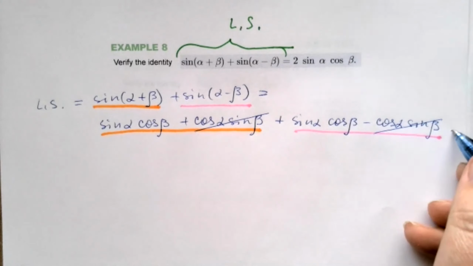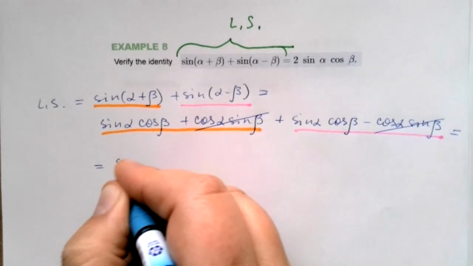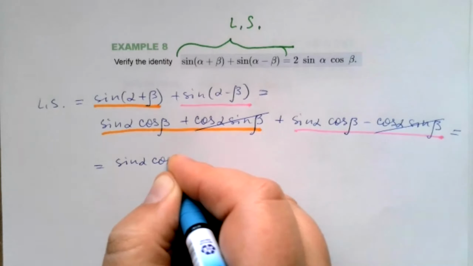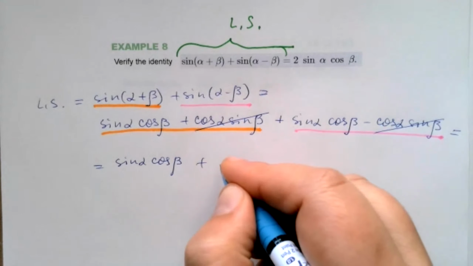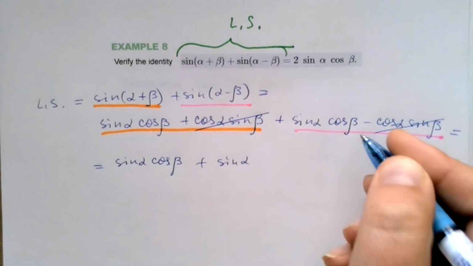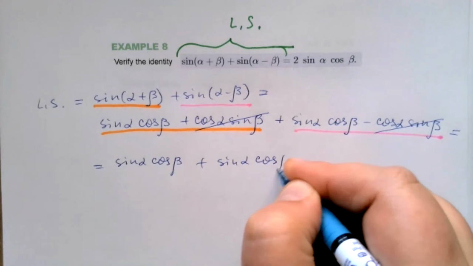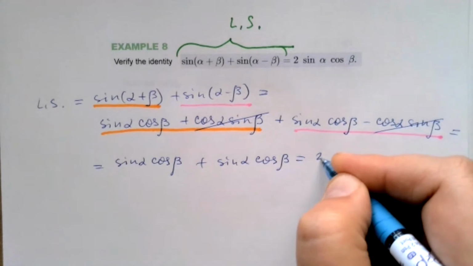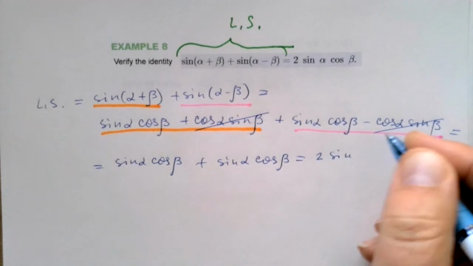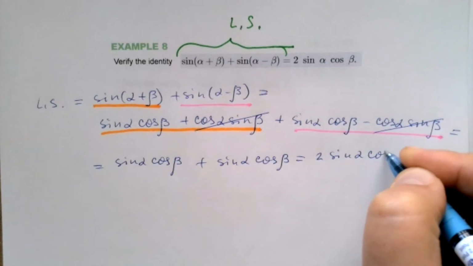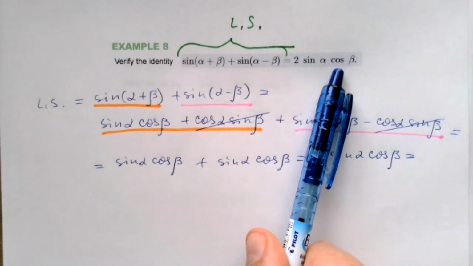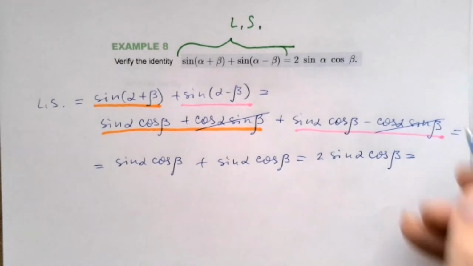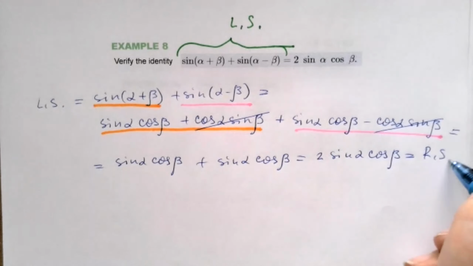So what I'm left with is sine alpha cosine beta plus sine alpha cosine beta, which is basically 2 times sine alpha cosine beta, which is exactly my right-hand side of the identity. So this identity is proven.